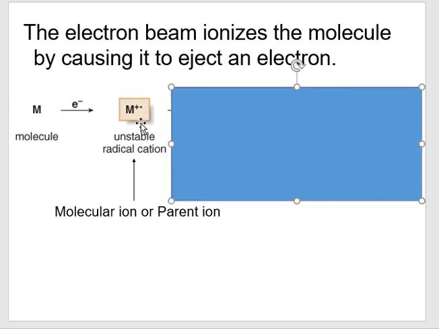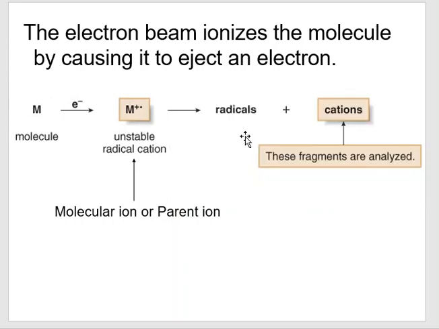This radical cation can then start to degrade into various different radicals and cations. Because radicals are neutral, their path is not impacted by the magnetic field. Only the cation's path is impacted and changed. These are the fragments that we end up seeing in a mass spectrum. If you see it in the mass spectrum, it's got to be charged.